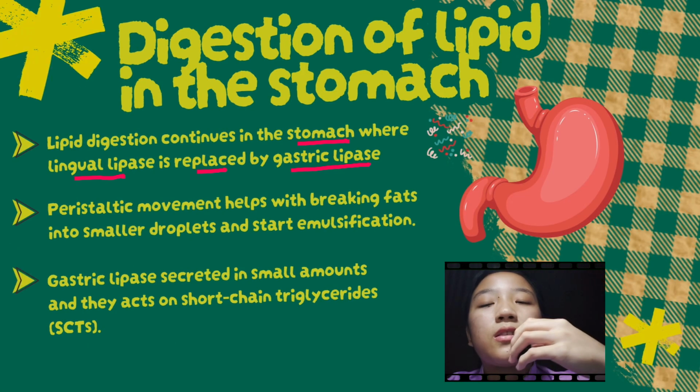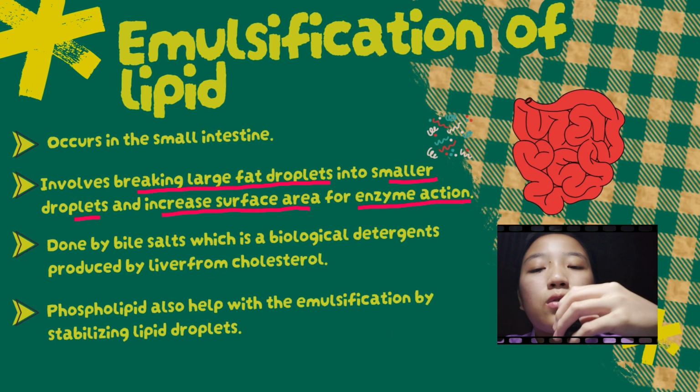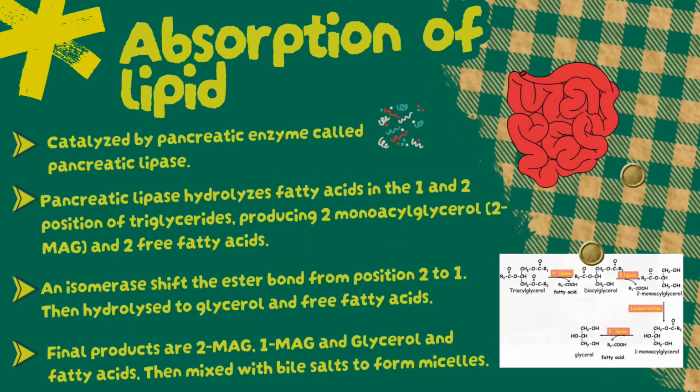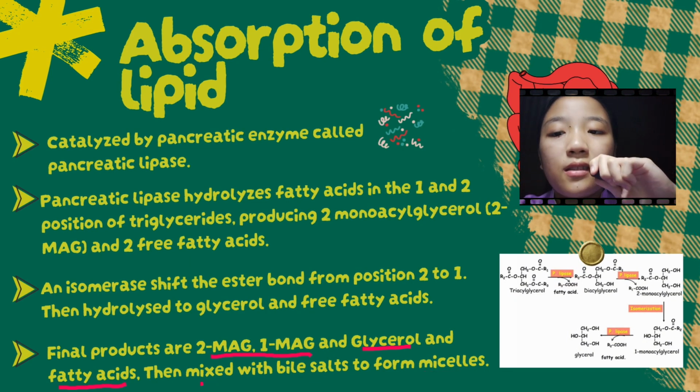Digestion continues in the stomach and small intestine, where pancreatic lipase secreted by the pancreas further hydrolyzes triglycerides into monoglycerides and free fatty acids. This process breaks fats into smaller droplets and begins the emulsification process to increase the surface area for enzyme action. Furthermore, monoglycerides and free fatty acids combine with bile salts produced by the liver to form micelles.